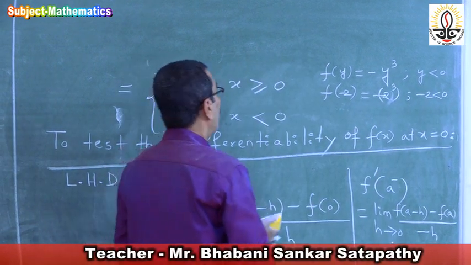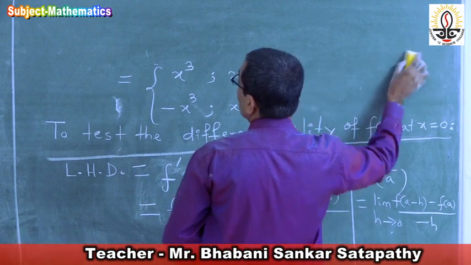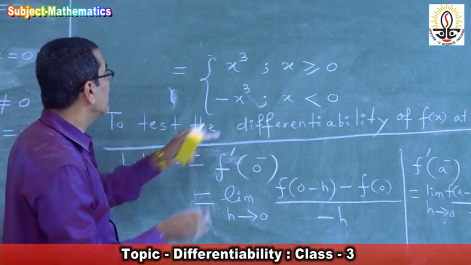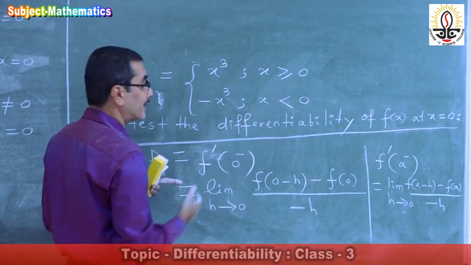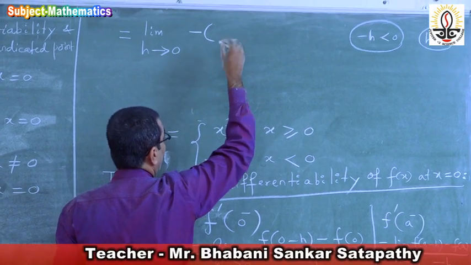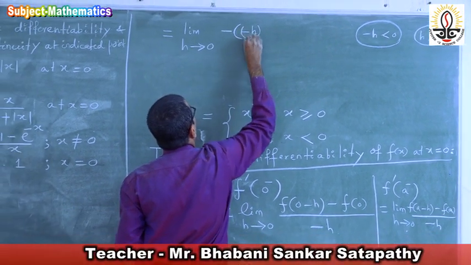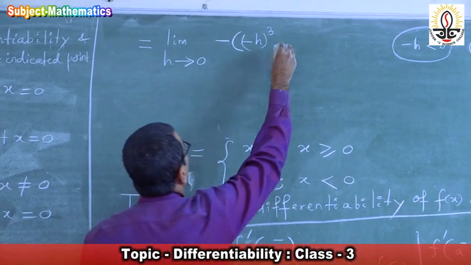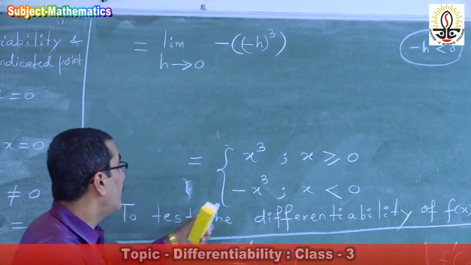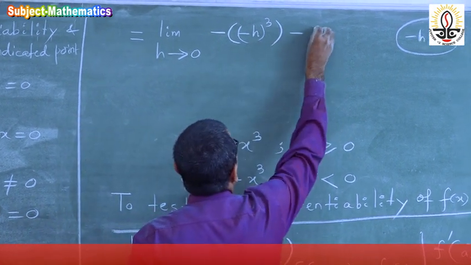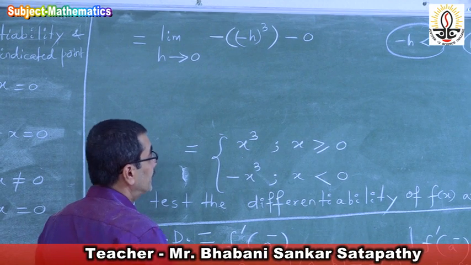Similarly, f of minus h, that is f of 0 minus h, since minus h is less than 0, will be equal to minus of minus h whole cube. Then minus f of 0.